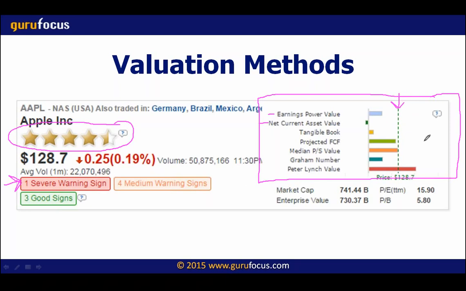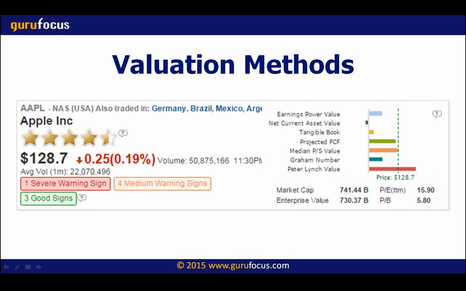What this is going to do is, if this valuation method gives a price that exceeds the current price of the stock, it'll be over here on the right side, as we see with the Peter Lynch value. So this is giving you a green dotted line at the current price.